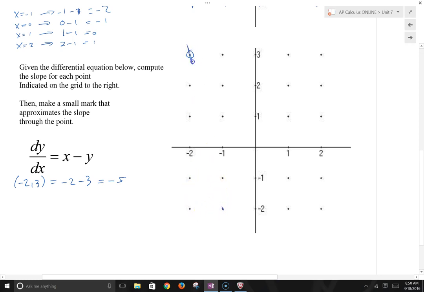So very steep negative. Then we do the point right below it. We get negative 2, 2. Negative 2 minus 2, it's negative 4. So from this point, we go 1, 2, 3. We're aiming at the same point. So it's slightly less steep. And the next one's going to be, I bet you, negative 3.